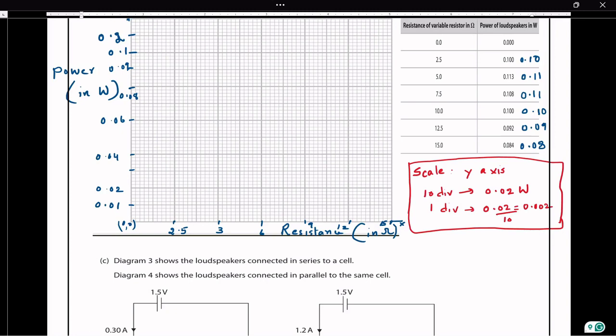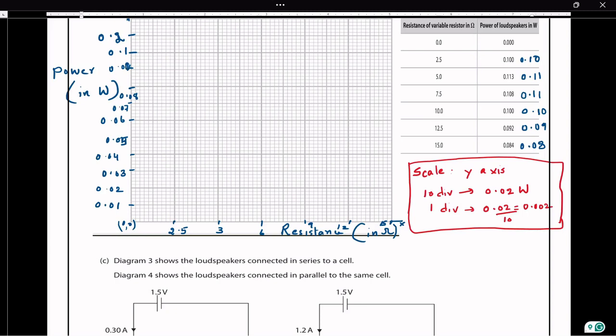So let me write this also. The next values in between, it is 0.03, then 0.04, and this is 5, 6, and this is 0.078, it is 9. Is it correct? 1, 2, 3, 4, 5, 6, 7, 8.